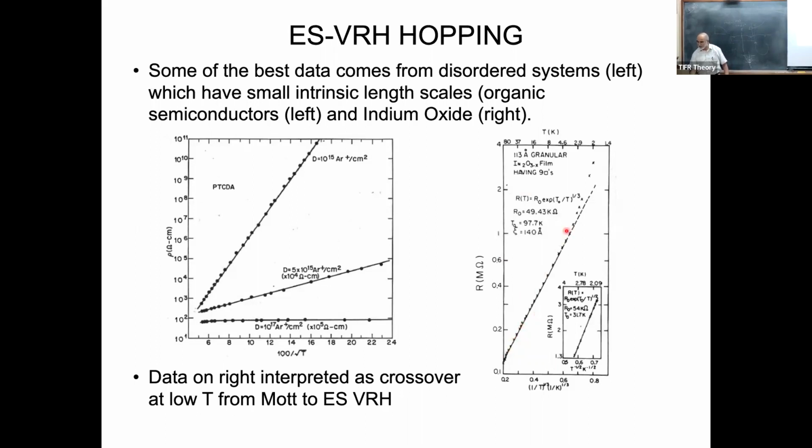But then the resistance goes up faster than that, and if you take the last data points, this part, it actually fits T to the 1/2 better. It is consistent with the theory, but I wouldn't say it proves the theory. On the other hand, the data on the left is very strong evidence for the theory, much stronger than others.